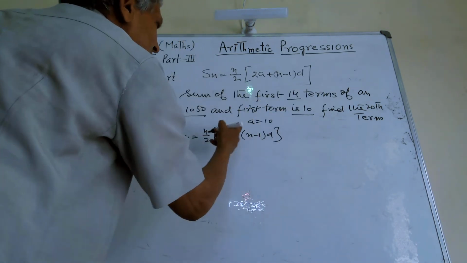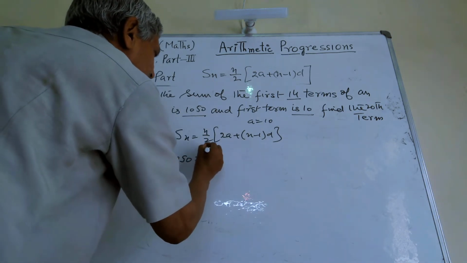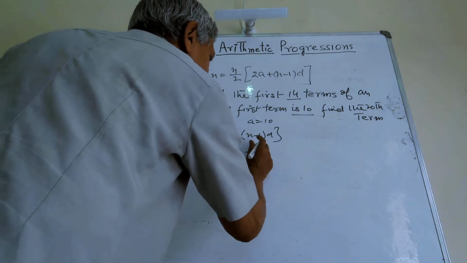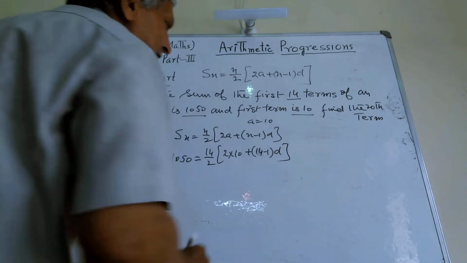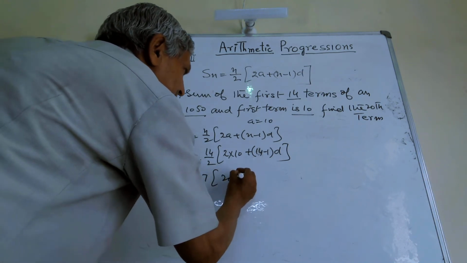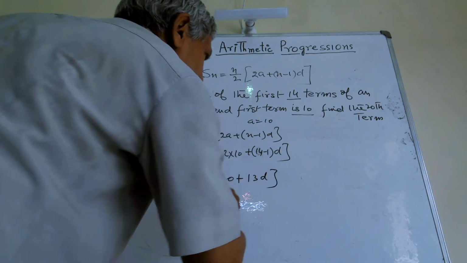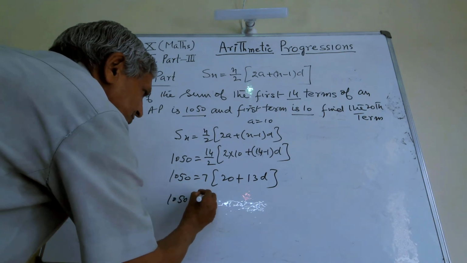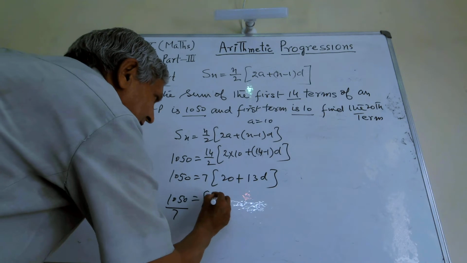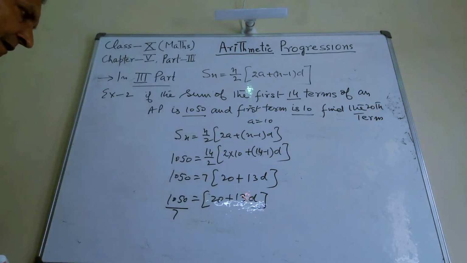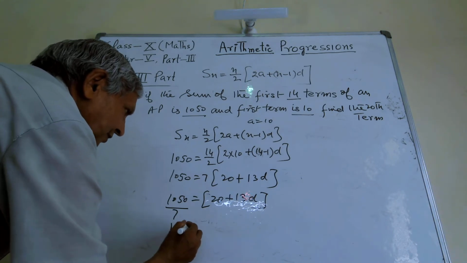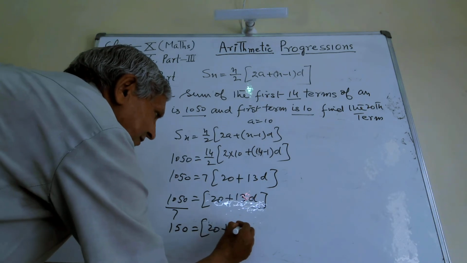The sum of 14 terms is 1050. 14 by 2, because n is equal to 14, 2a is 2 times 10, plus (14 minus 1), and d we have to find out from here. 1050 is equal to 7, 20 plus 13d. Divide by 7: 1050 divided by 7 is 150.